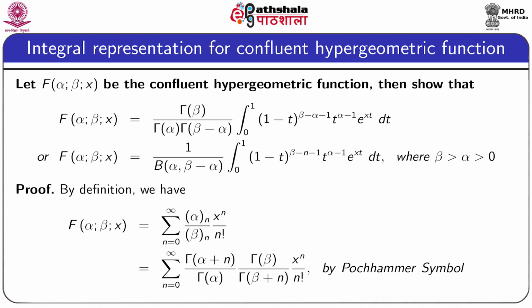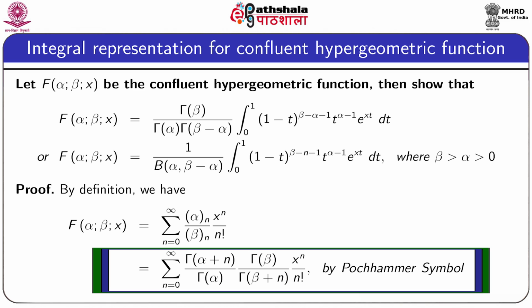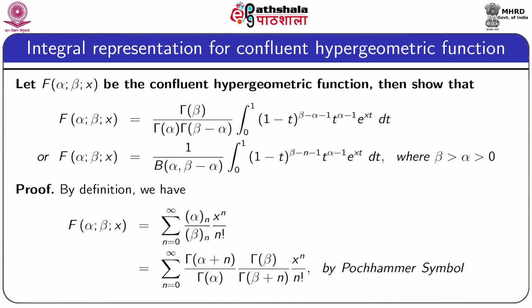And this can be simplified as summation n equal to 0 to infinity, gamma function alpha plus n divided by gamma function alpha into gamma function beta divided by gamma function beta plus n into x to the power n divided by n factorial.